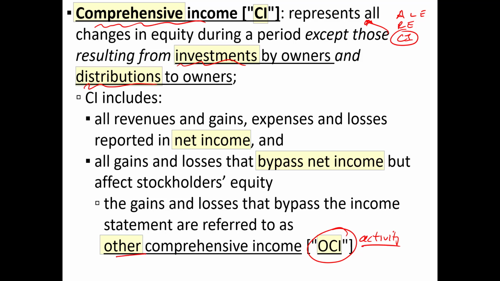So just to give you a heads up, we want to show on our multiple step income statement, and just ignore discontinued operations for right now, we want to show pre-tax income. Okay, we want to show the tax, and then we want to show after tax or post-tax income.